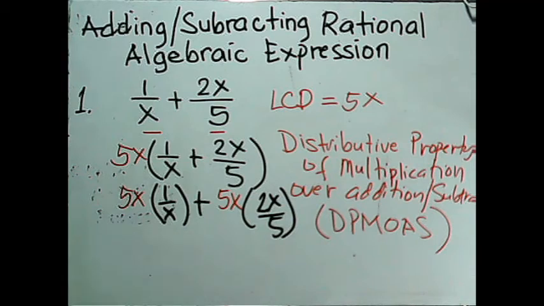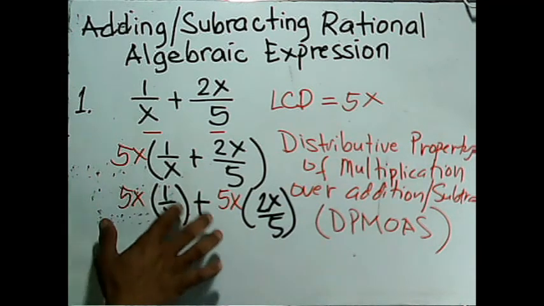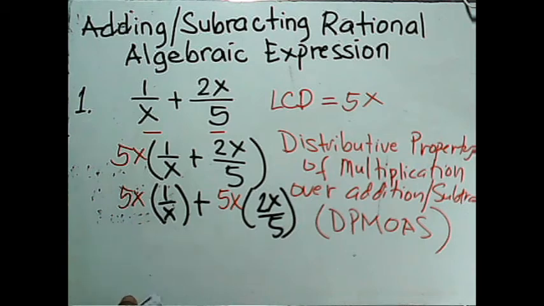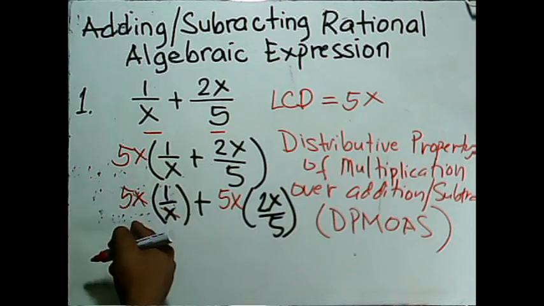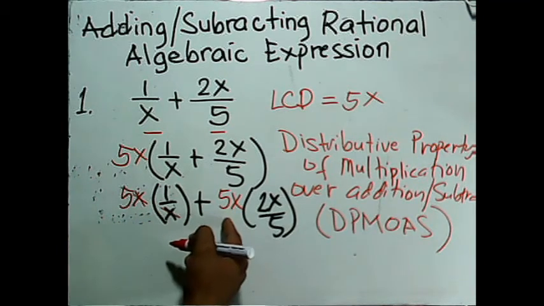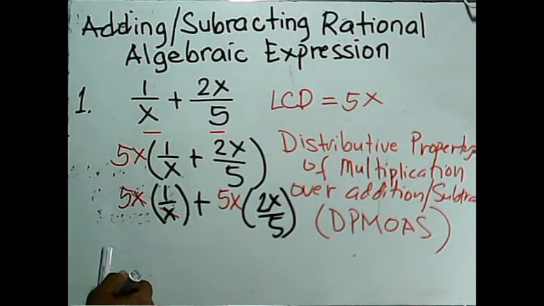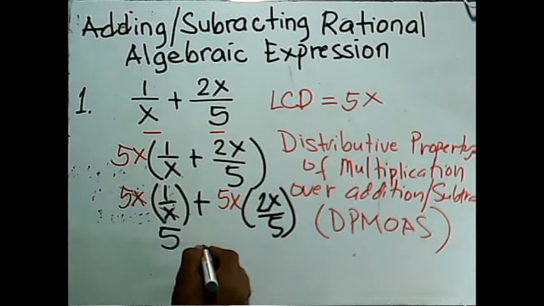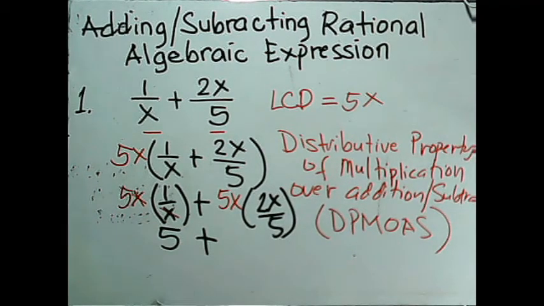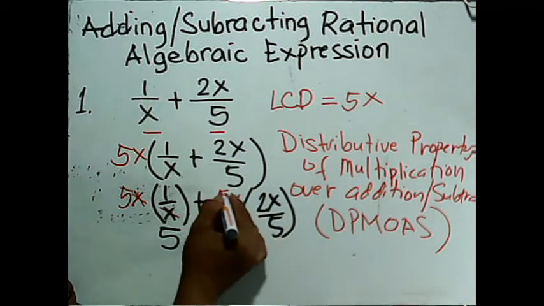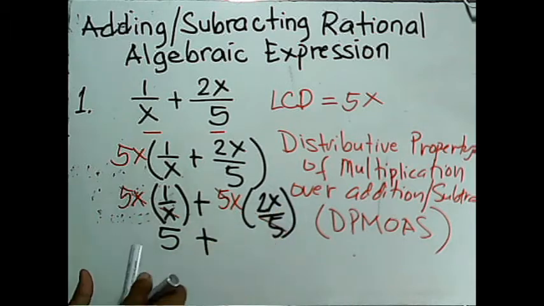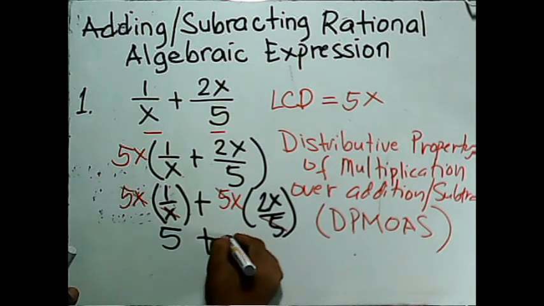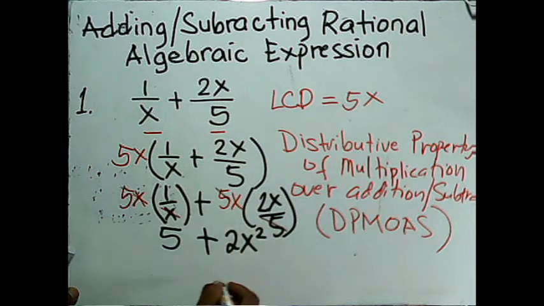In this part we can cancel common factors. We cancel out x here, and also the 5 here. So 5 times 1 becomes 5, plus we canceled out 5 here, so what is left is x times 2x. So the result is 2x squared.